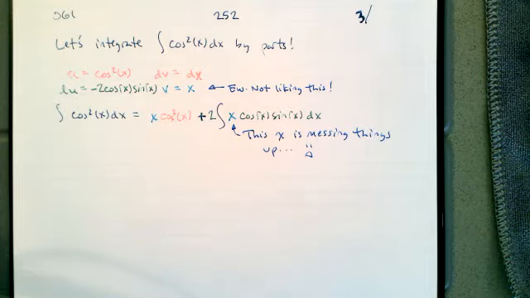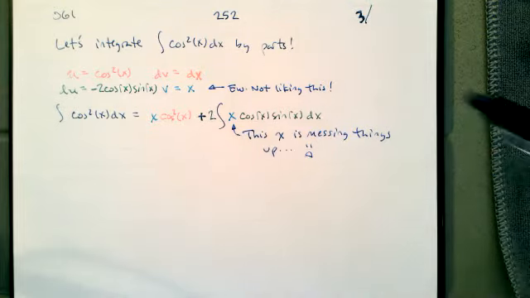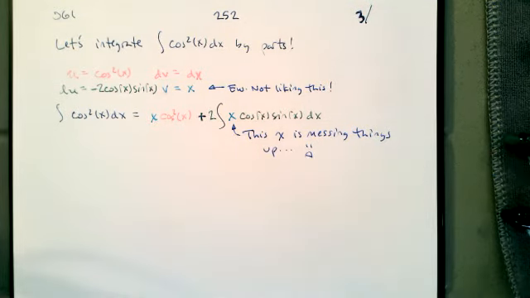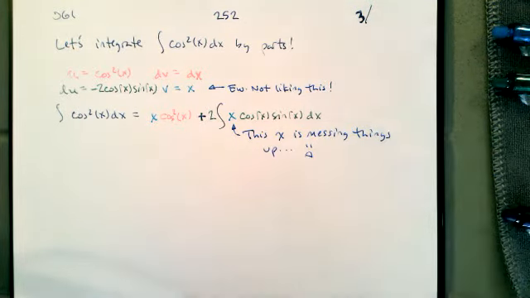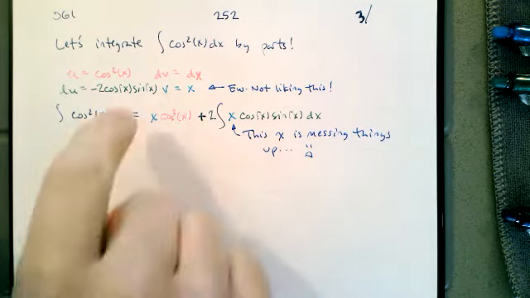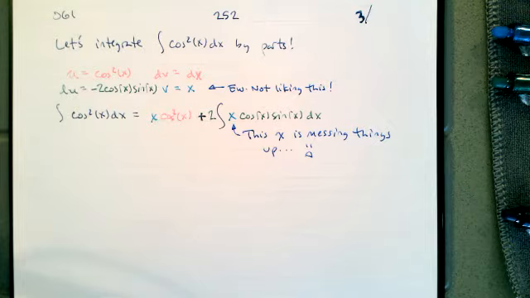Don't laugh. I've seen students do that. I've seen students literally just erase the x and say, oh, I didn't see that. And then hope for partial credit. So this plan failed. I don't like this plan. I don't want to proceed with this. So let's try something else.